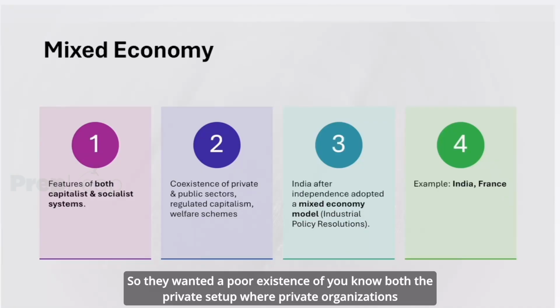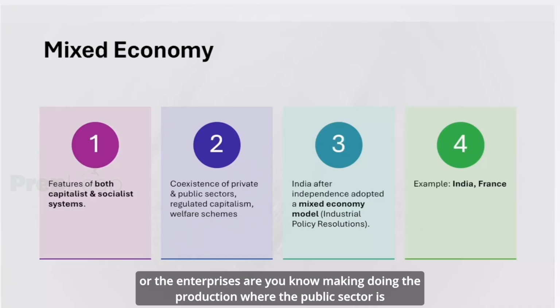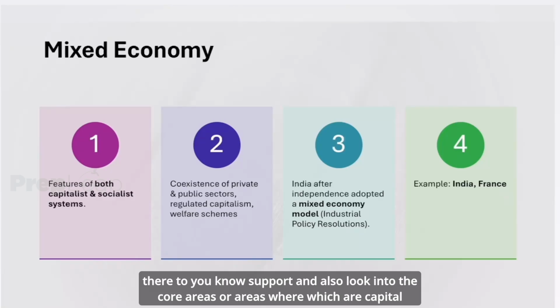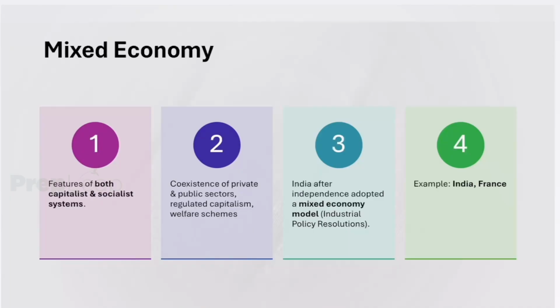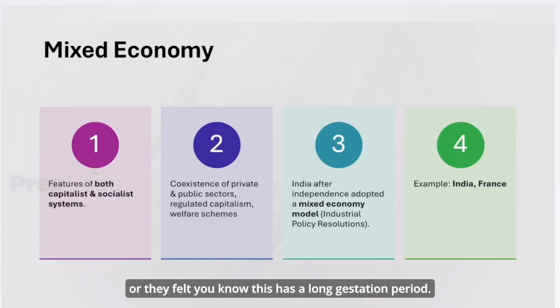So they wanted a coexistence of both, the private setup, where private organizations or enterprises are doing the production, and the public sector, which is there to support and also look into the core areas, areas which are capital intensive or which require a lot of know-how not available in the open, or which they felt have a long gestation period.